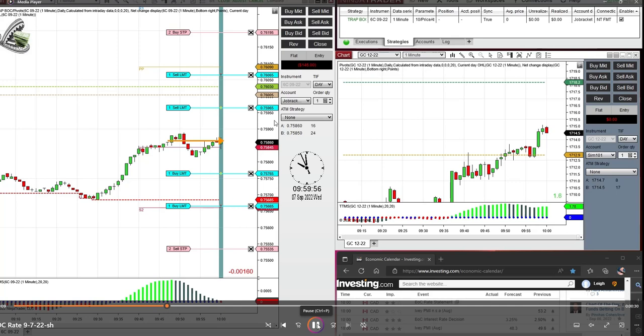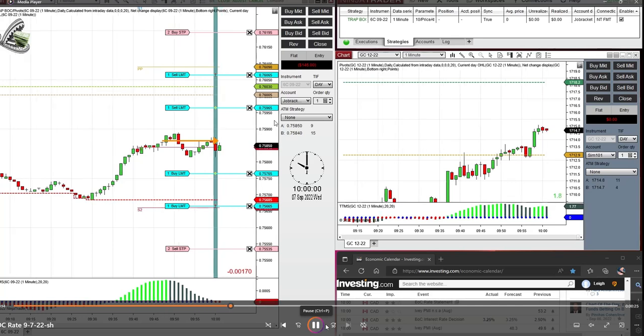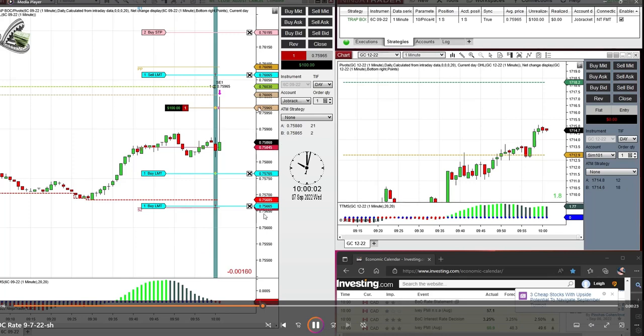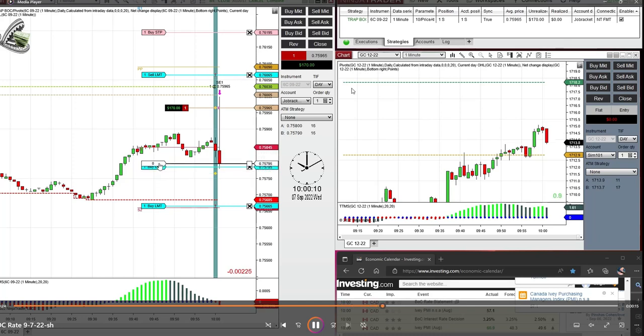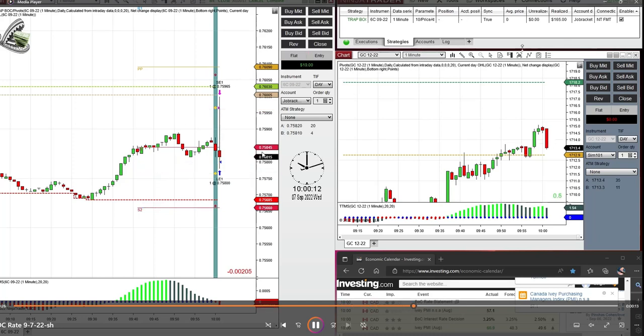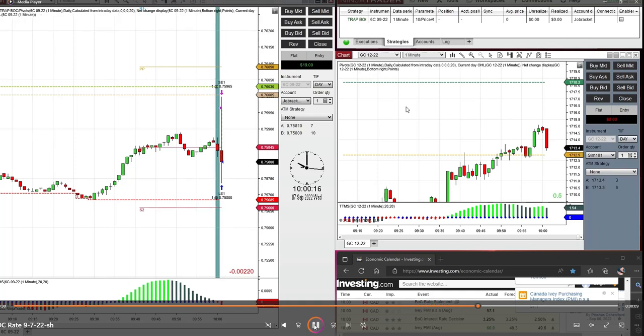Now, I don't remember this particular trade, so we'll see what it does. It shoots up, and it won't always fill both orders. Okay, and that's perfectly okay. It only filled one order, and we made almost $175 on that trade. Okay, watch it again.